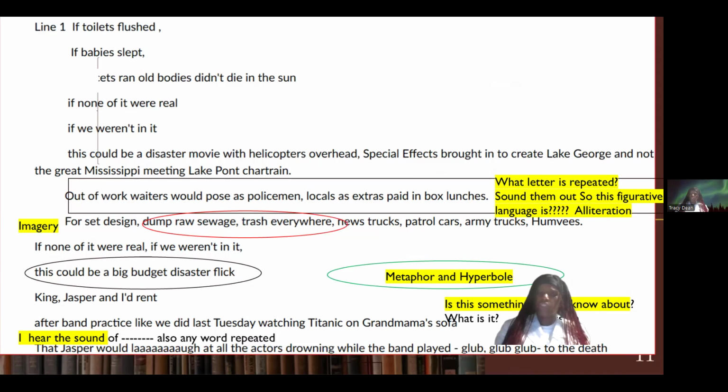So we have repetition in glub, glub, glub, and we also have onomatopoeia. So if we were to count all of the figurative language that we just did, you do this in class. For me, it could be 6, 7, or 8.